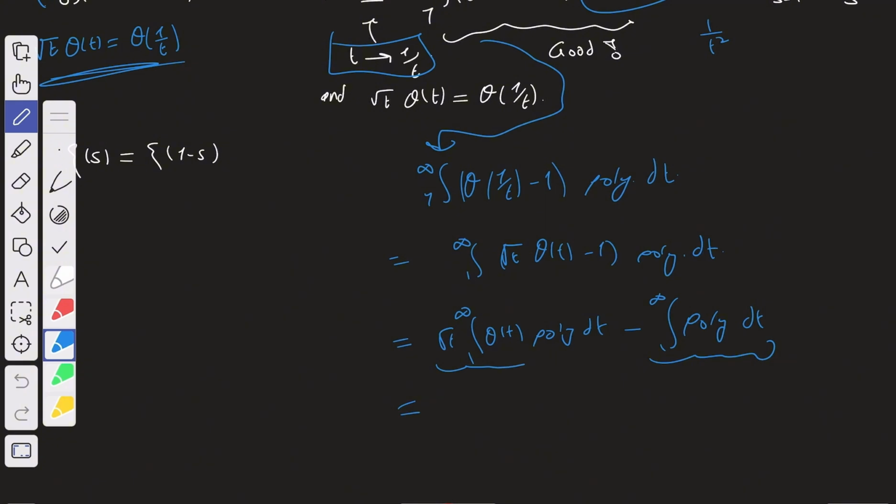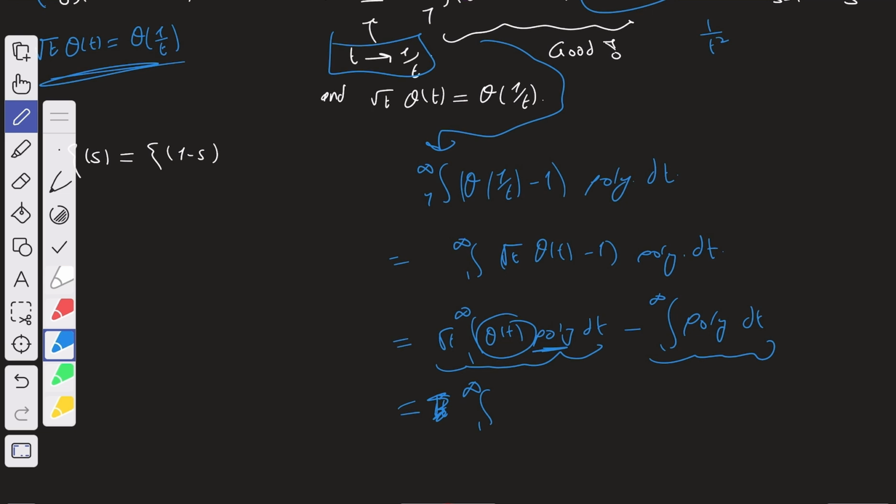This thing here is not nice yet, because we don't know much about theta of t, but what we know much about is theta of t minus 1. So we're going to subtract and add a term, and I just include it in this polynomial.